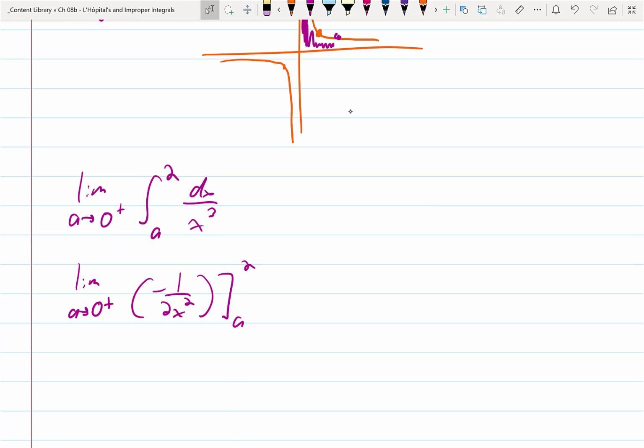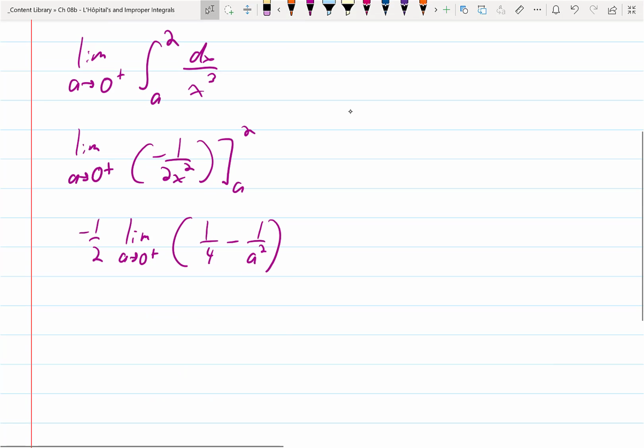If I take out the -1/2 as a constant multiplier, and I can throw that out way in front of the limit if I want to, then all I have is 1 over 4 minus 1 over a squared. Then we evaluate the limit. The 1/4 is incidental. It's not going to change anything. But what's 1 over 0?